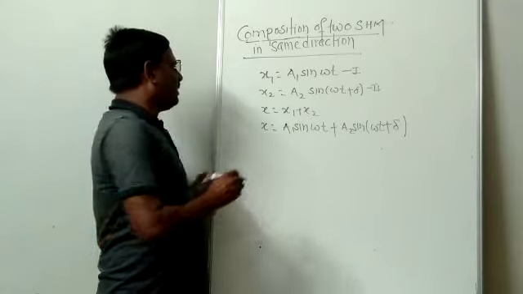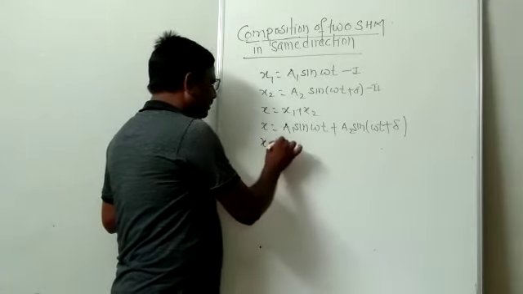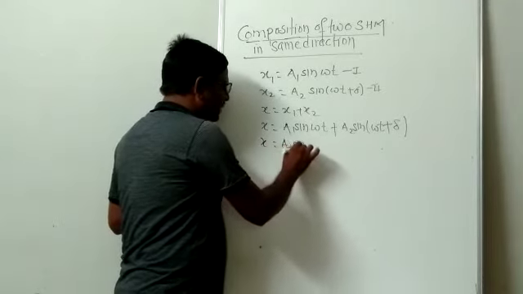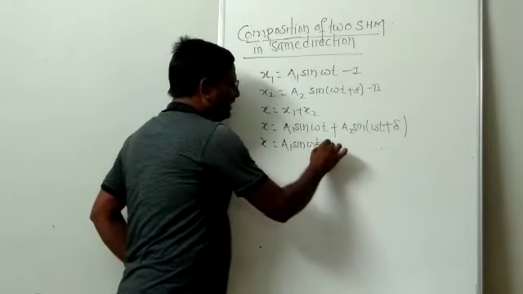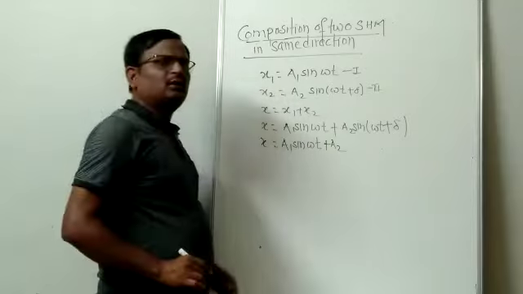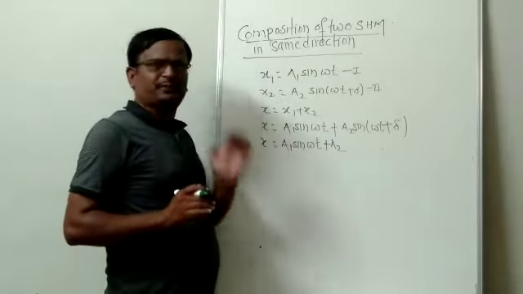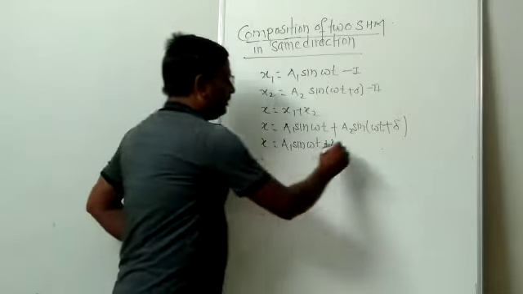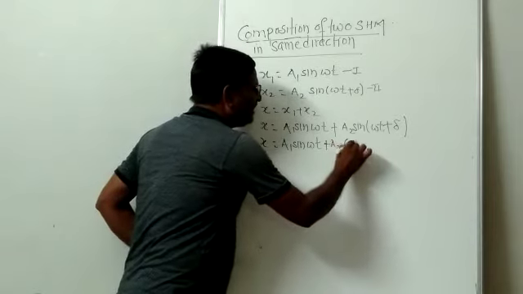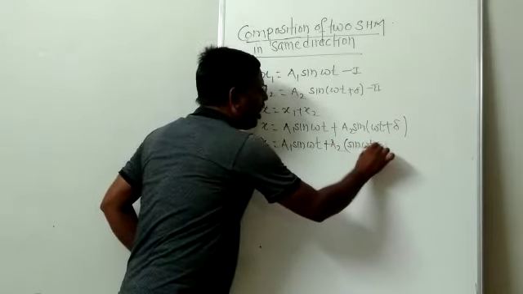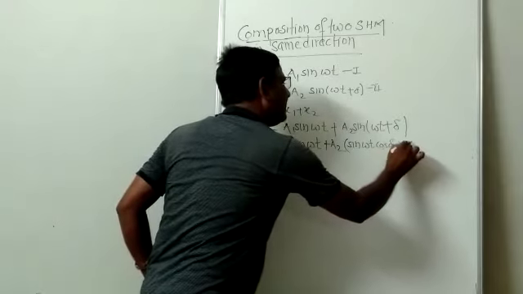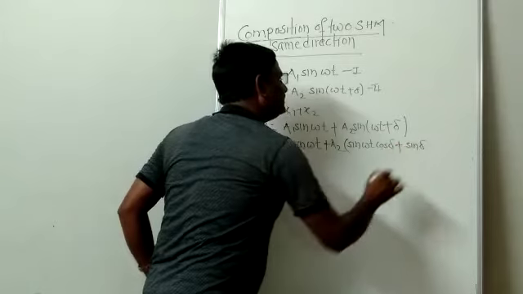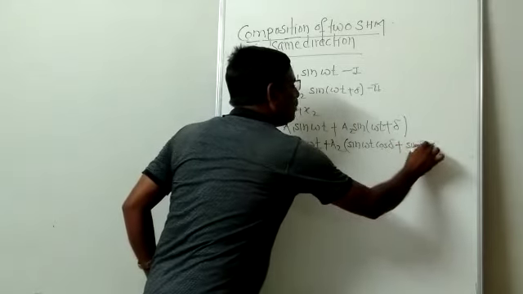See, x is equal to A1 sine omega t as it is, plus A2. Now we have to expand this bracket: sine omega t cos delta plus sine delta cos omega t.